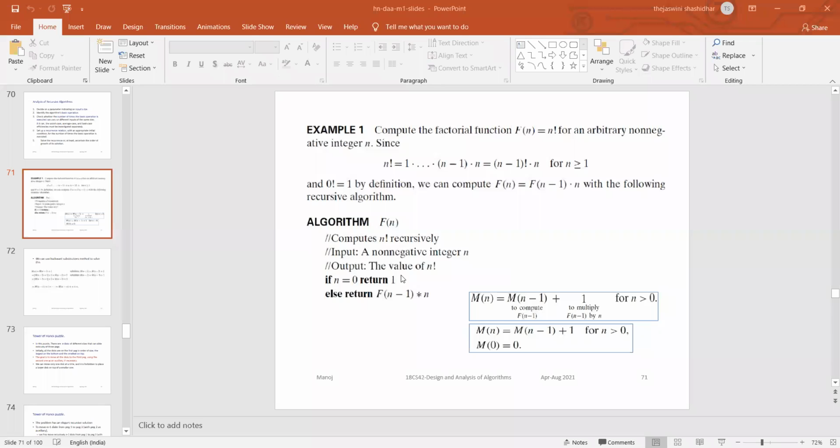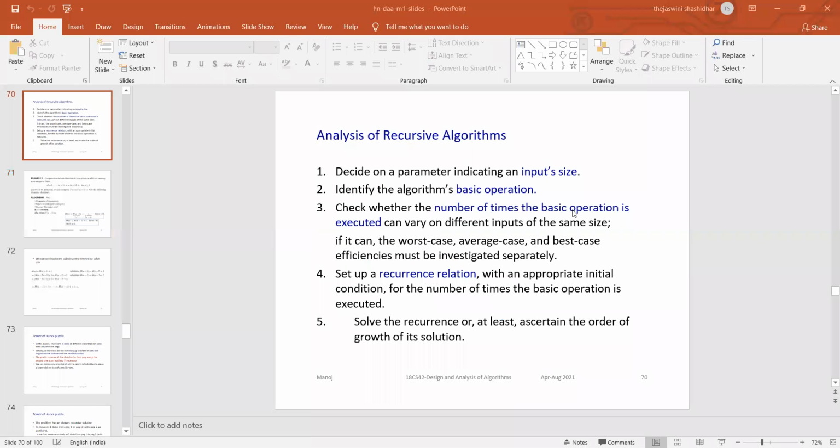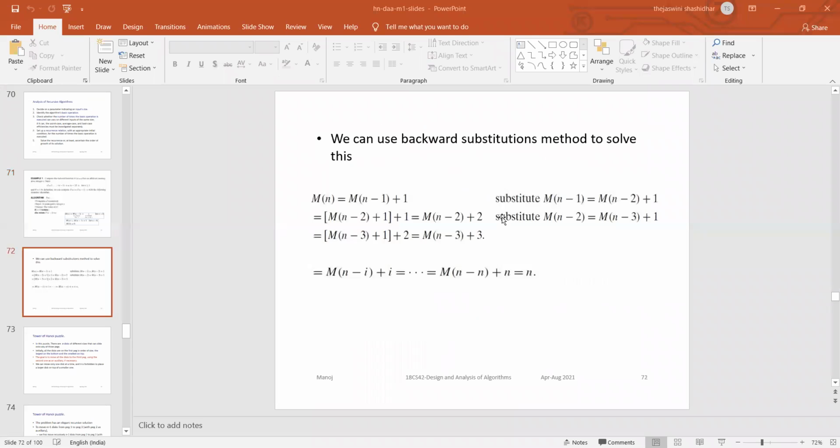Kindly go through here. The fourth step is the recurrence relation, and the fifth step is to solve the recurrence. We can use backward substitution to solve this. To solve what? To solve the recurrence relation. So where is the recurrence relation?